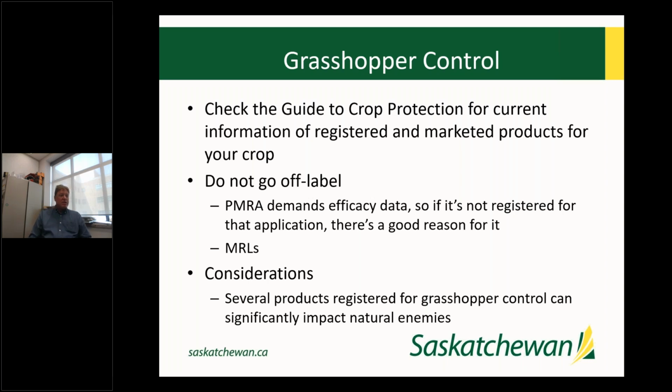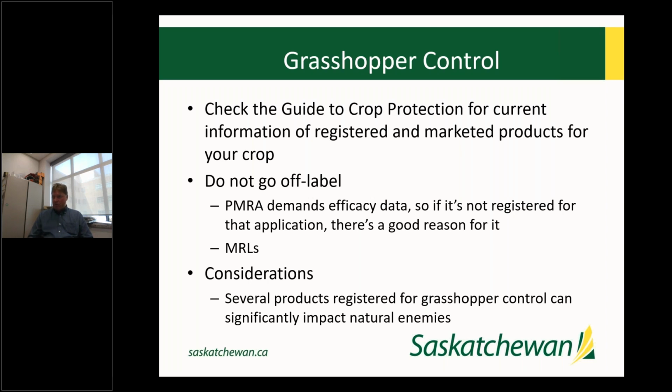So some considerations, as I mentioned before, and I'm sure everyone is aware, several products registered for grasshopper control have been taken away from us. And of course, several products can significantly impact natural enemies, and these can be natural enemies of grasshoppers or of other pests.